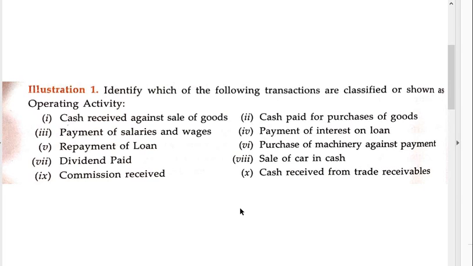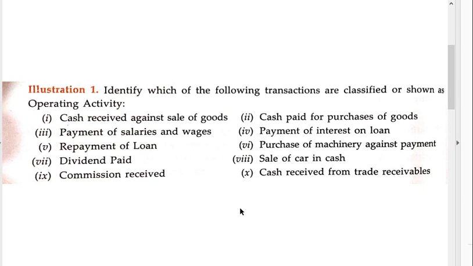Next, commission received. This commission received can be an operating activity, can be a regular activity, right? We are working for some person and he is paying us commission. It is directly related to the operations of the business.